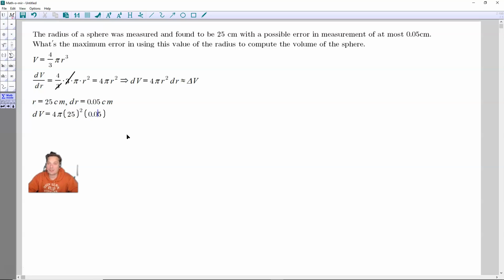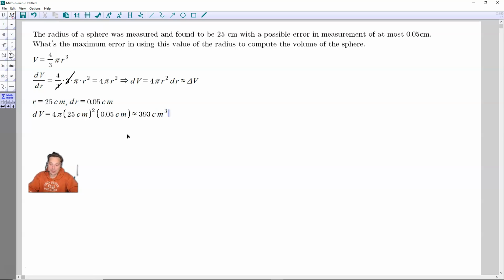Now remember, if you wanted to use units here, you could. This would be 25 centimeters, and this would be 0.05 centimeters. So if you multiply the centimeters out, it would definitely give you centimeters cubed. And it should, because dV is kind of like the maximum error in the volume, and the units of volume are centimeters cubed. So when I work this out on my calculator, I get approximately 393 centimeters cubed. So that's my dV.